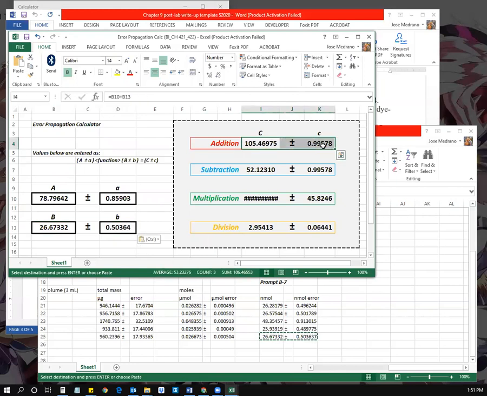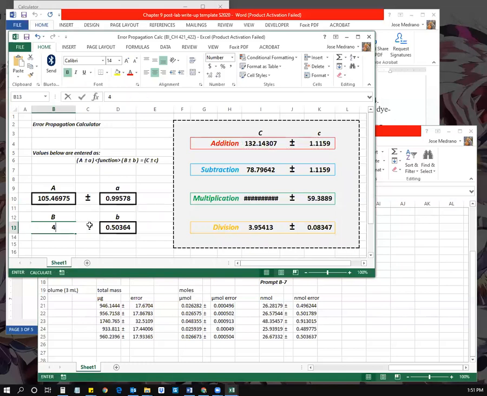So now this entire sum needs to get divided by 4, and you can put that result there. The number 4 doesn't have an error associated with it. And what we're looking for now is the division, the entire error propagation summation divided by 4, giving us the division there. So the average value will be this right here.